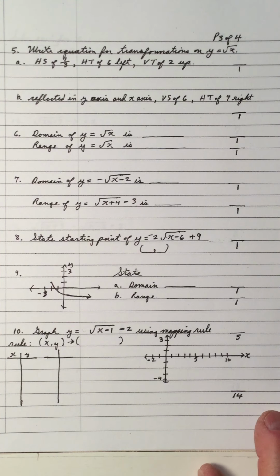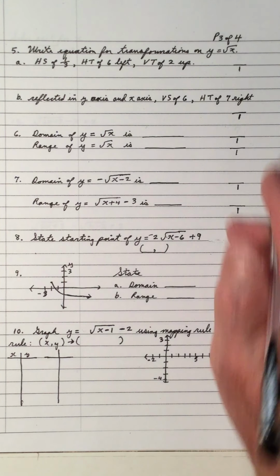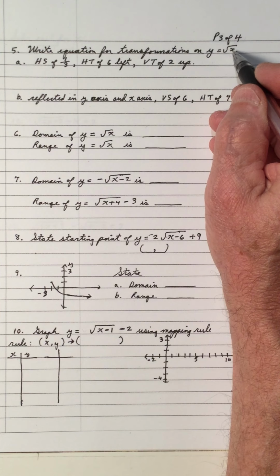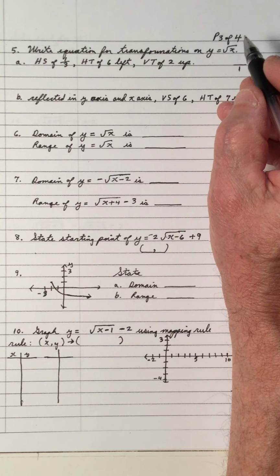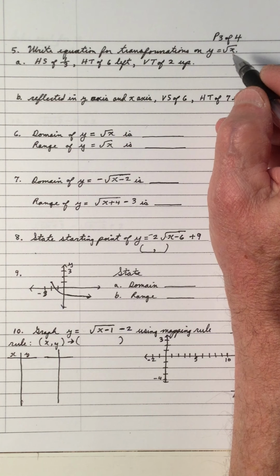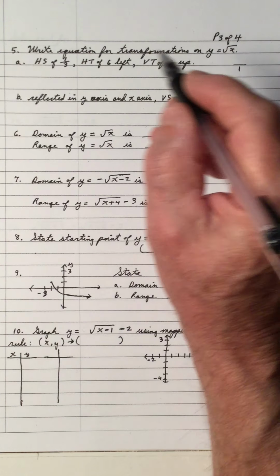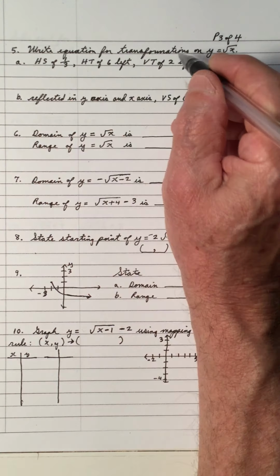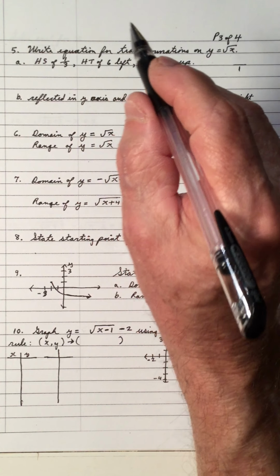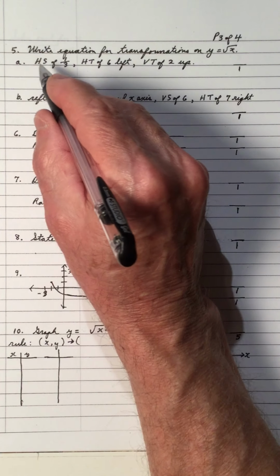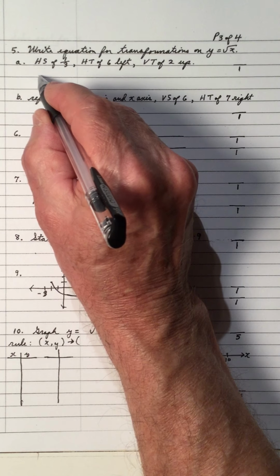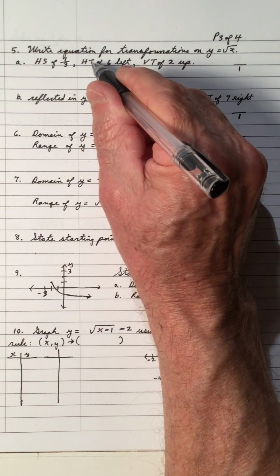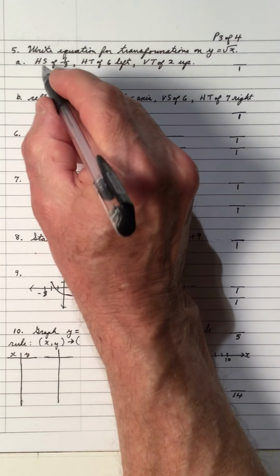Number 5, write an equation for the transformation on this y equals root x, which is the square root equation. So we don't have any reflections because there's no vertical reflection, no horizontal reflection. We do have a horizontal stretch, horizontal translation, and a vertical translation.